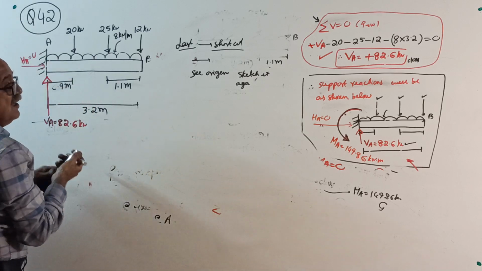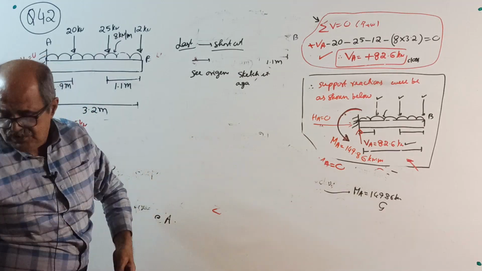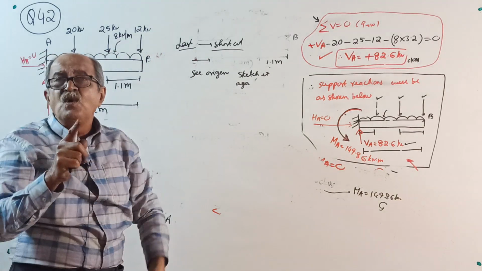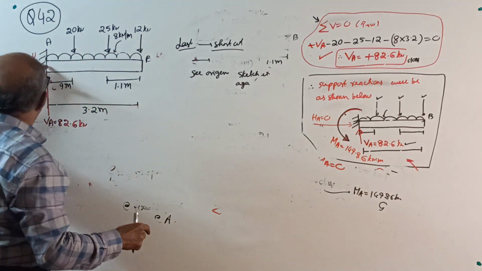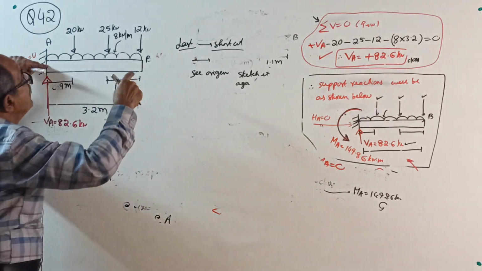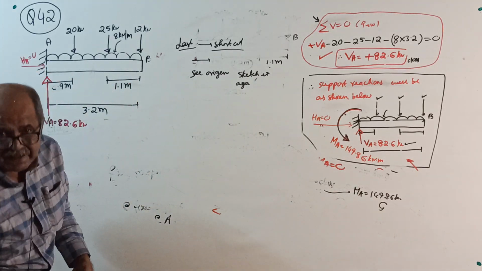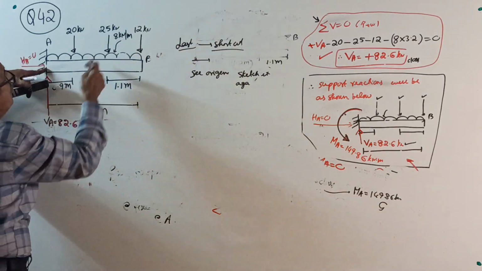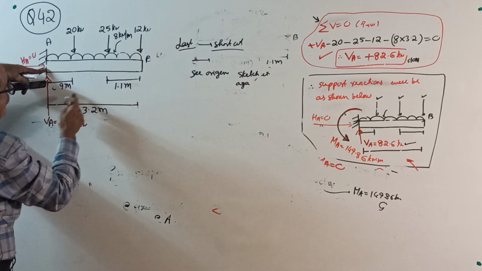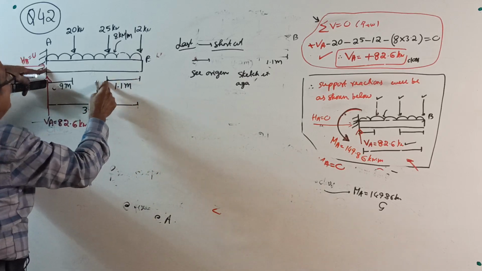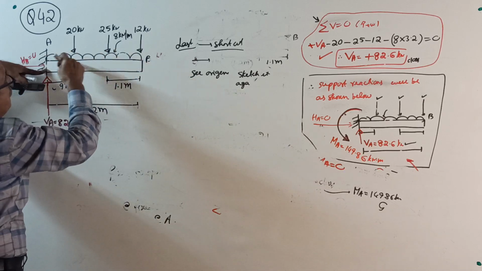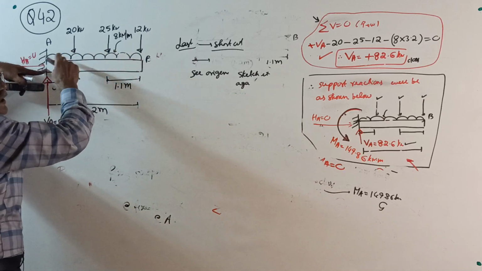Kilonewton. Then always consider the rotational effect about the fixed end. Take your calculator. 12 into 3.2, 25 into 3.2 minus 1.1, 20 into 0.9, 8 into 3.2 into 3.2 by 2.